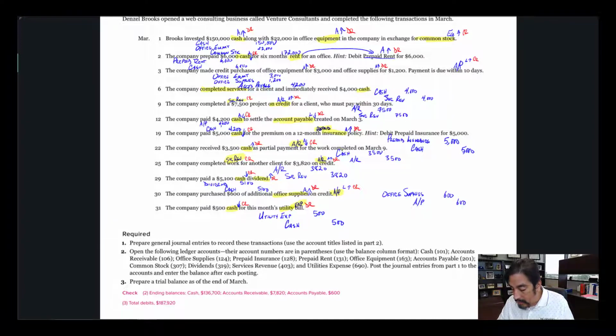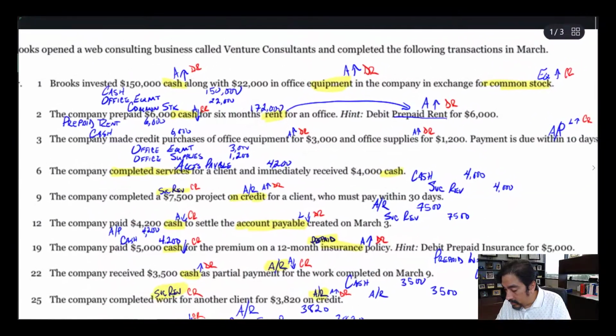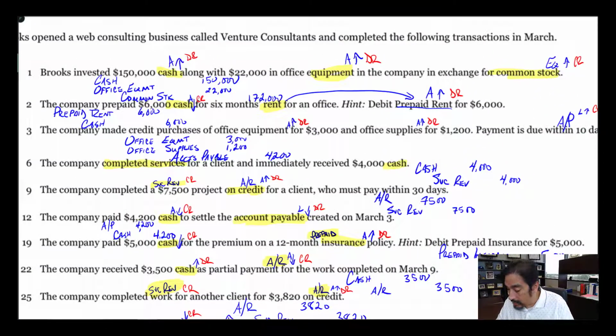And requirement 2 is post them to the T accounts. So this is what I'm going to do. I'm going to take a highlighter here. And I'm going to post every line from all of these journal entries, one by one. I'm going to post them over to the T accounts.